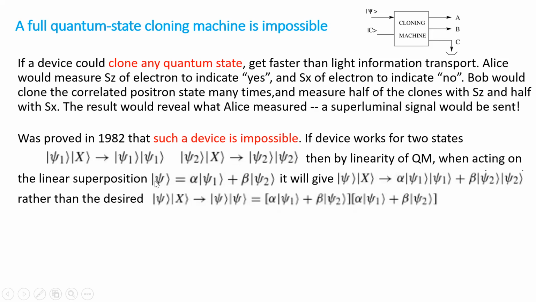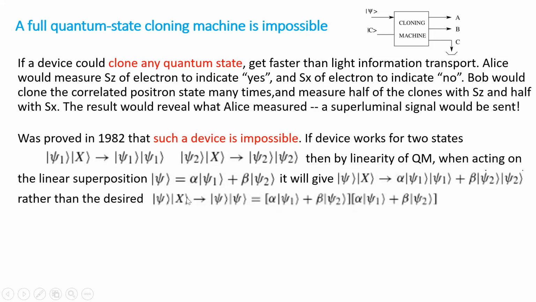So when acting on a linear superposition, psi, which would be some coefficient alpha times the first state that the device works for, plus some coefficient beta times the second state the device works for, if it's fed that superposition and another particle to copy it onto, it will actually give out alpha times psi1 plus beta times psi2. But that's not a copy of the original state. That's an entirely different state.